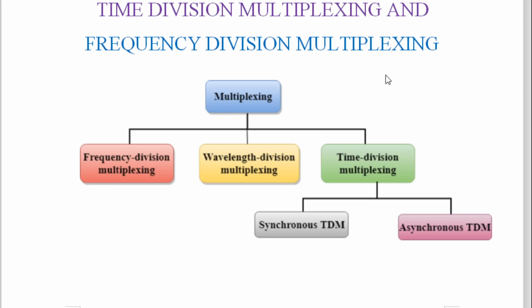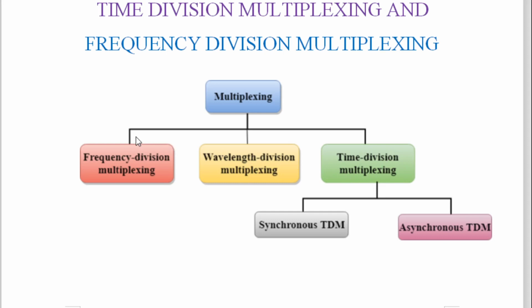If you have a small bandwidth and you want to utilize it for many subscribers or for many information signals, multiplexing technique will help you, and today we are going to study that multiplexing. Basically, multiplexing is classified as frequency division multiplexing, wavelength division multiplexing, and time division multiplexing.